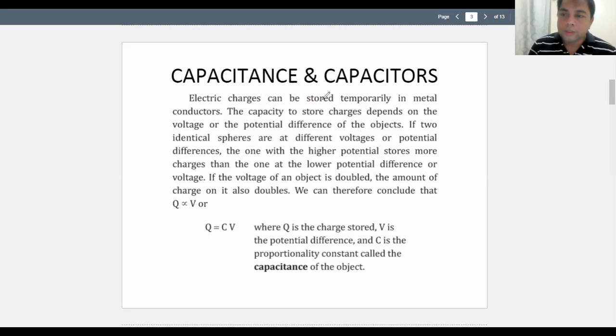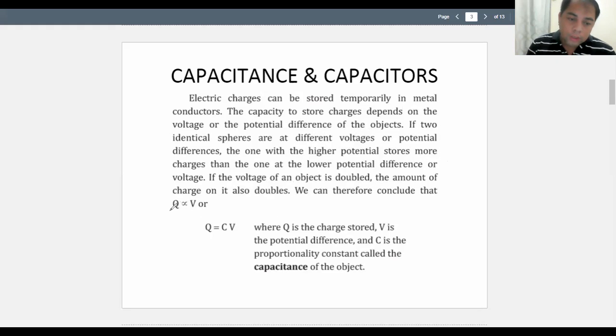So there's this idea that we can fully charge the capacitor. Now, if two identical spheres are at different voltages, the one with the higher potential stores more charge than the one with the lower potential. If the voltage of an object is doubled, the amount of charge is also doubled.